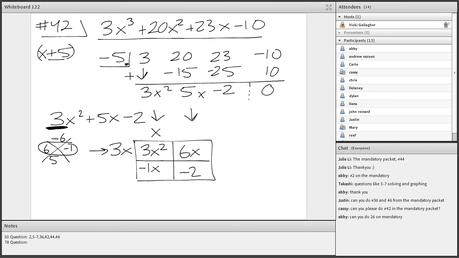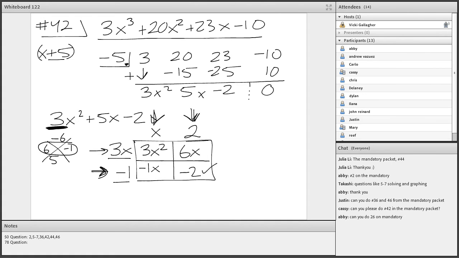Moving to the next column over, this 3x times something up here needs to make 6x, and that would be a 2, because 2 times 3 is 6. And then moving to my very last spot down here, it's this x times something makes the -1x, and that's -1. And then we double check, -1 times 2 makes -2, so we did a good job.